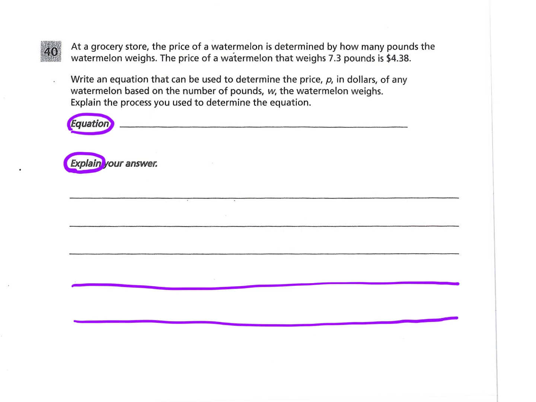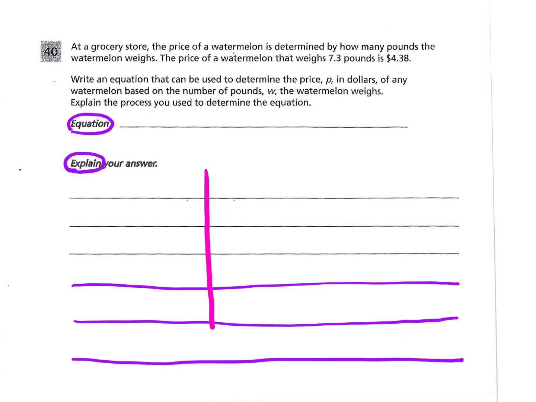Like so, please add 3 or so more lines. And you're going to take those lines and cut it into 2 sections. In this section, you'll show your work, and in the other section, you'll complete the writing.